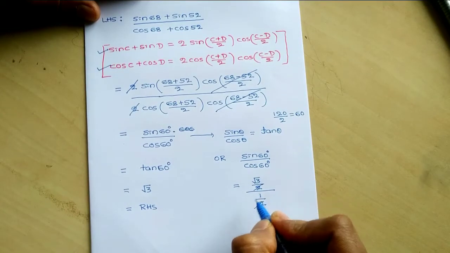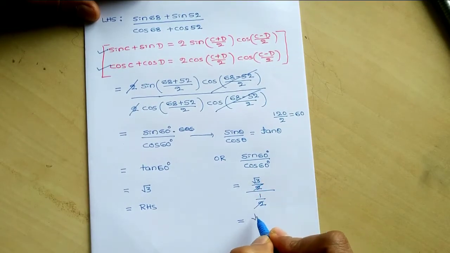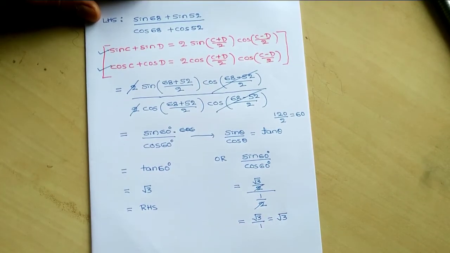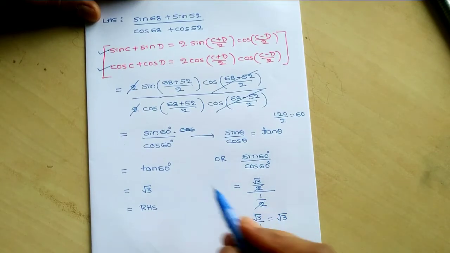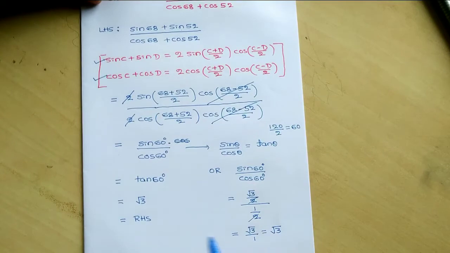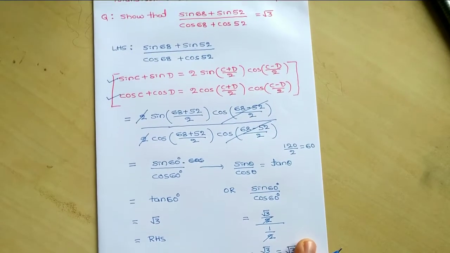Here 2 and 2 get cancelled. The remaining value is root 3 divided by 1, which is root 3. So this is also correct. You can do it either way, but in both cases you will get the same answer, root 3.